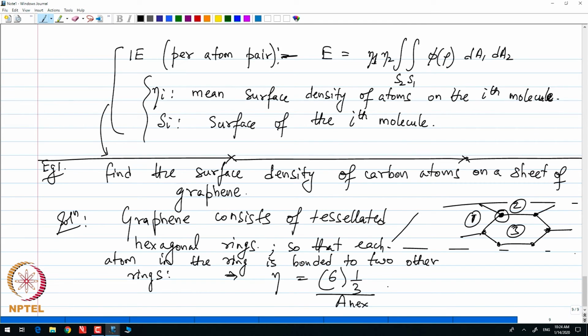So, I see that my eta comes out to be 2 by A hex, where A hex is the area of one hexagon, right, and that gives me the number of atoms per unit area of the graphene. Okay. So, where my A hex is the surface area of one ring.